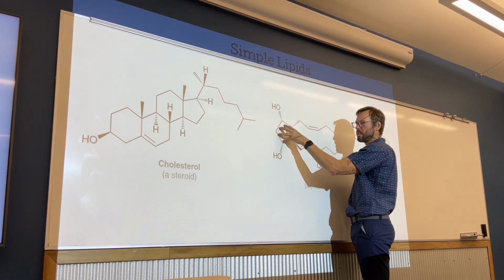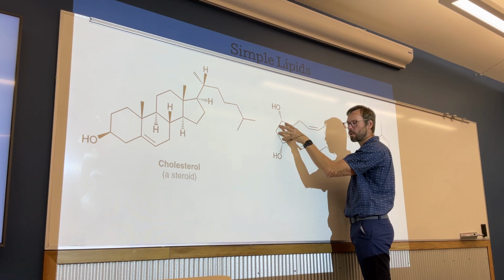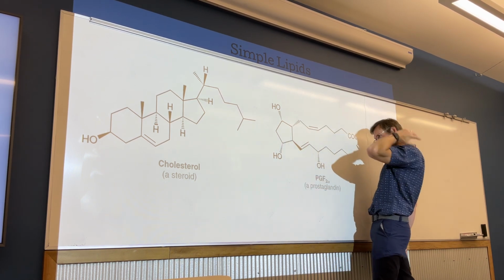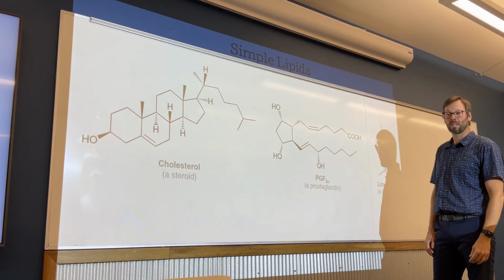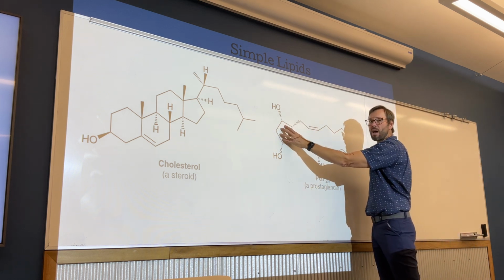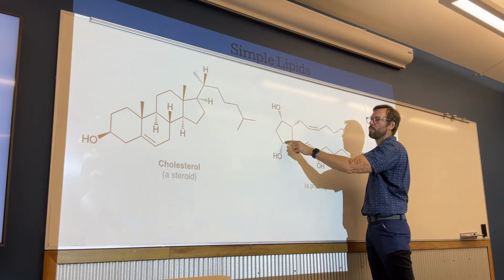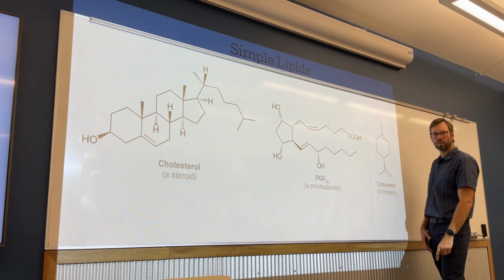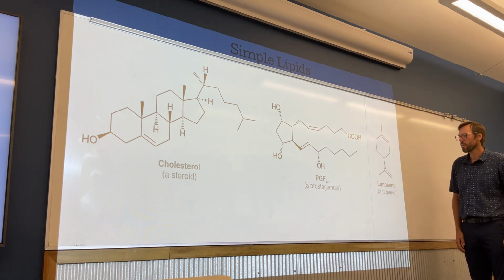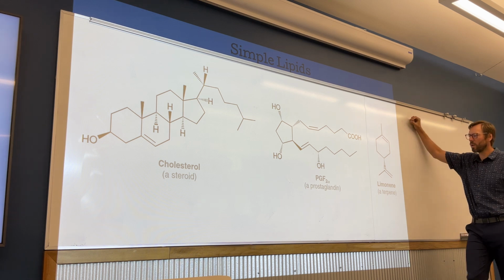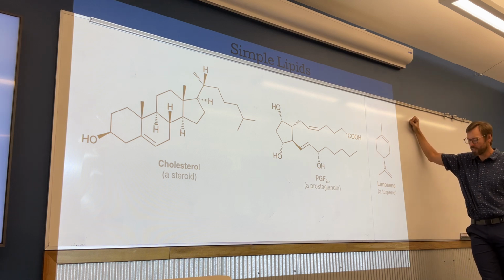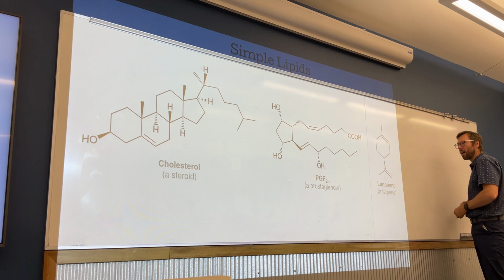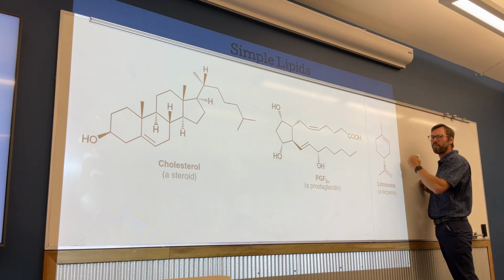And maybe there's this cyclopentic ring, or maybe it's just not a cyclic ring. It doesn't necessarily have to have that on there, although a lot of them do have this, but it does have this folding around feature. And then terpenes, we'll get into what makes terpenes terpenes, but essentially they are going to have 5 carbons.